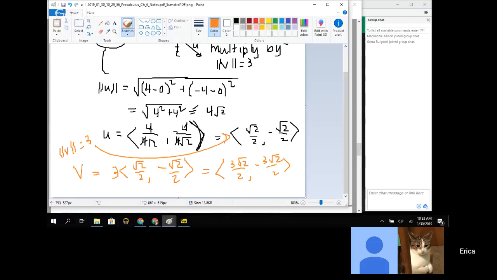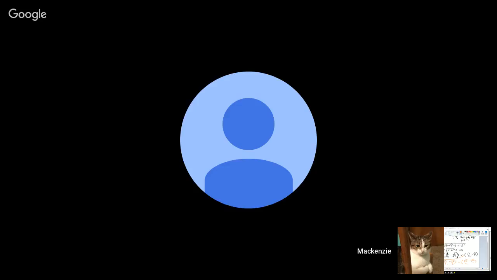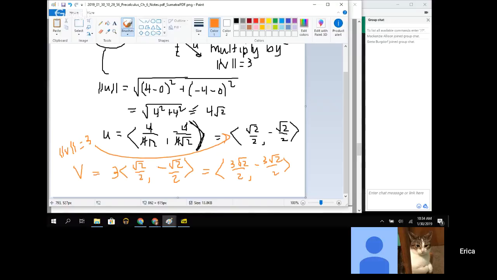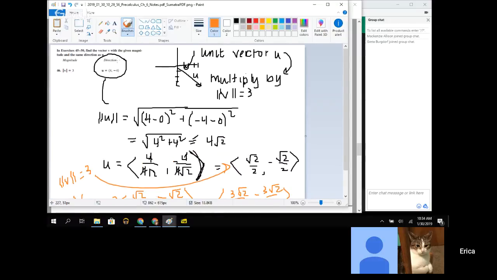Did I lose you there? I mostly got it. Okay. So basically, you're combining two things, right? You want it to go the same direction as this unit vector.